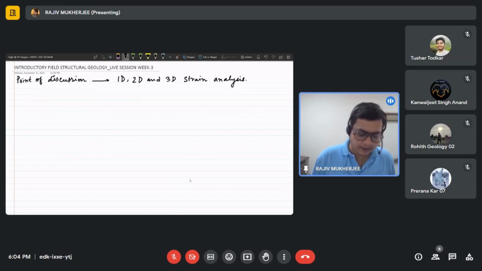In the lecture, you have been specifically taught about the use of the Flynn diagram. But the Flynn diagram is one of the tools that we commonly apply for analyzing three-dimensional strain. There are two other kinds of deformation, that is 1D strain as well as 2D strain.